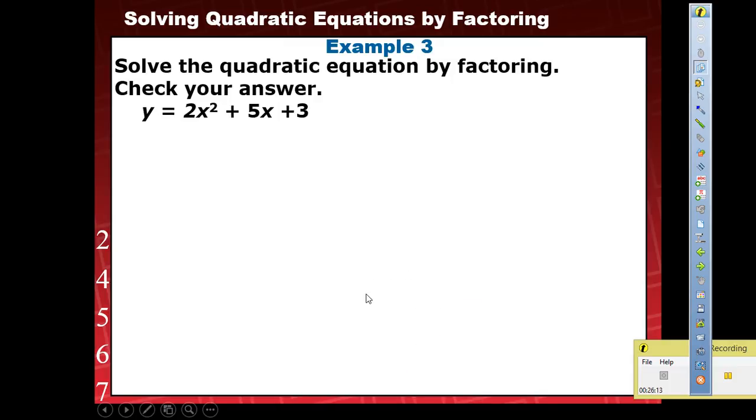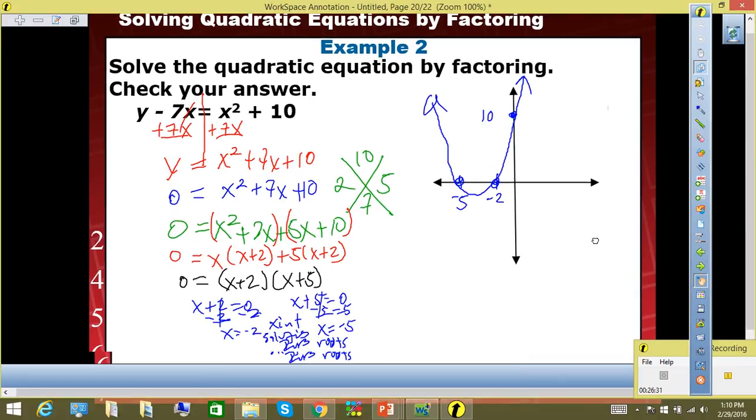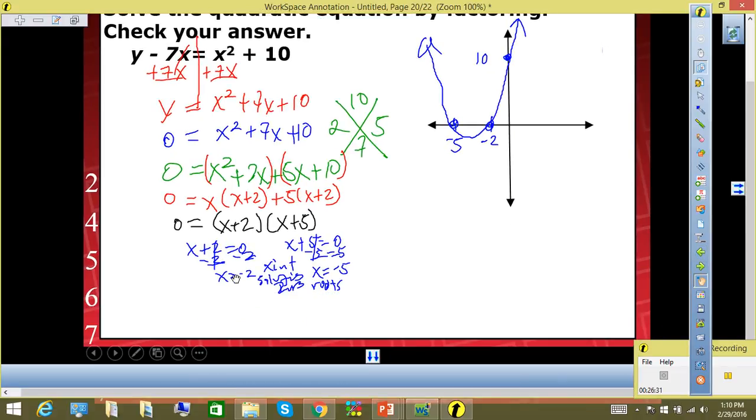Example 3, yes. Did you ever hear that one? Look up. Voss said, can you just multiply the x solutions to get the y-intercept?